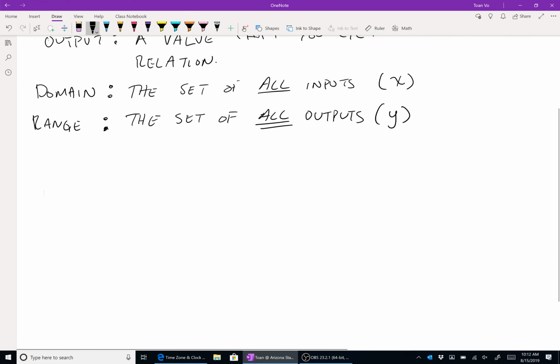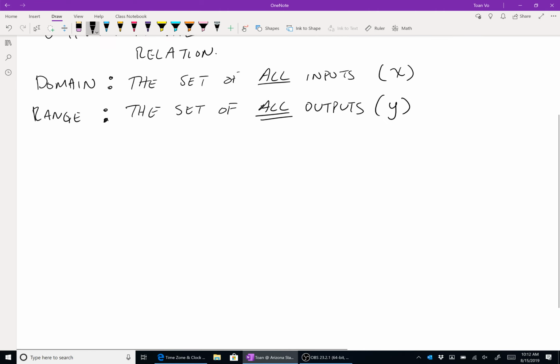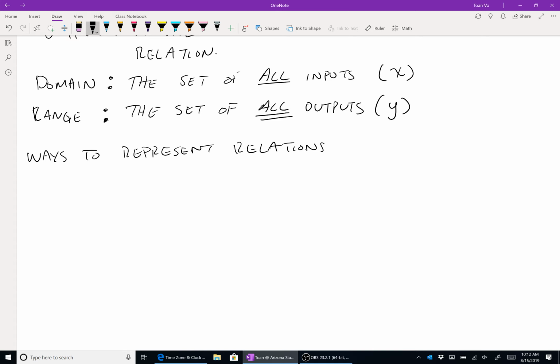There are lots and lots of different ways to represent relations in mathematics. The standard classical way to represent relations is to use an ordered pair or use a coordinate.